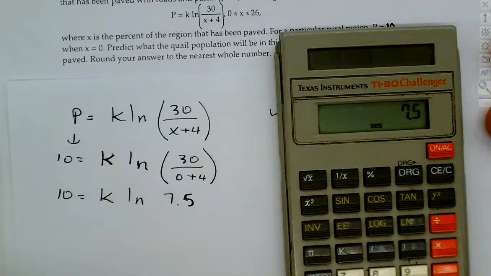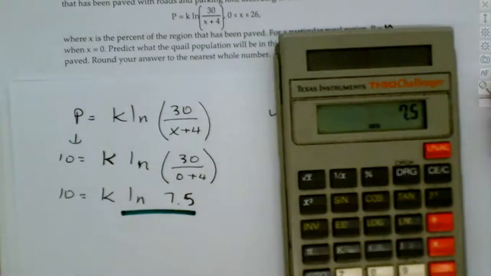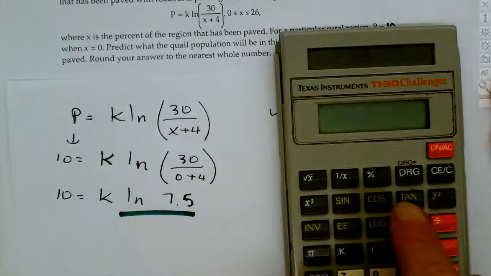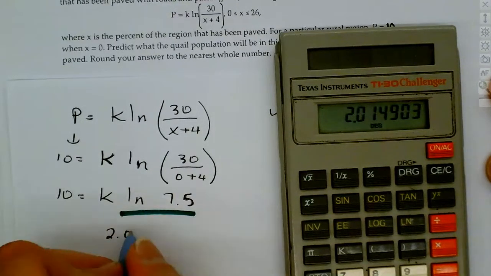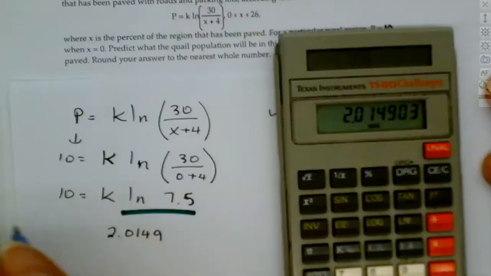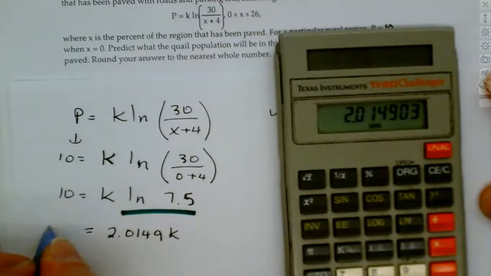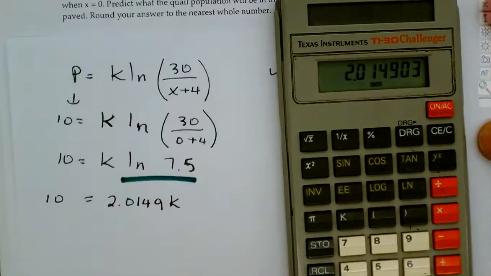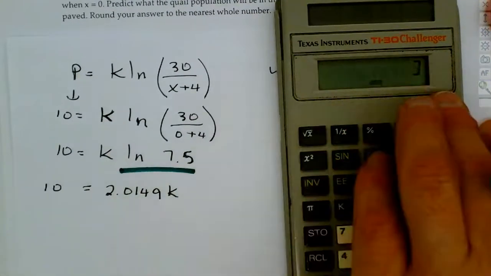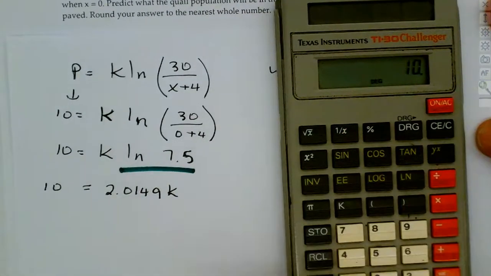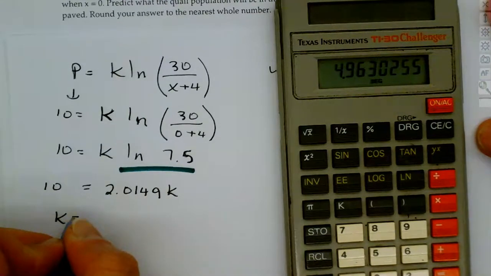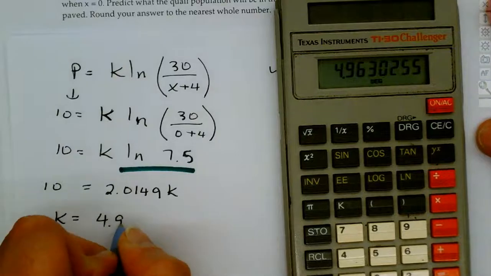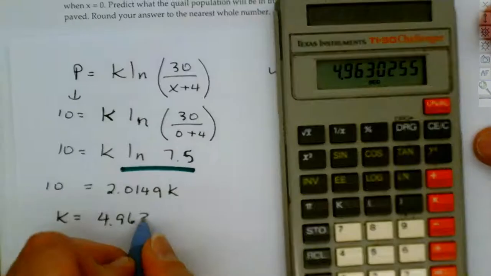Now we can finish it. Let's find out what the natural log of 7.5 is. We have to find our constant K, so we'll take the natural log of that, and that's 2.0149, close enough, times K, and that equals 10. Then we can solve this and get our constant K. We just divided both sides by that 2.0149, and that gives a K value of 4.963 if we round to 3 places.